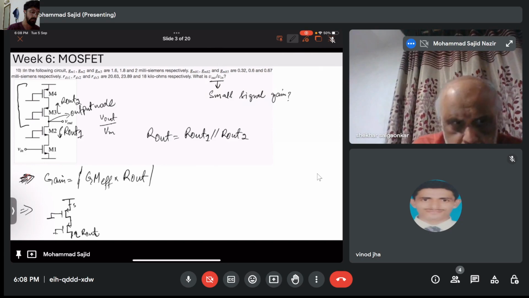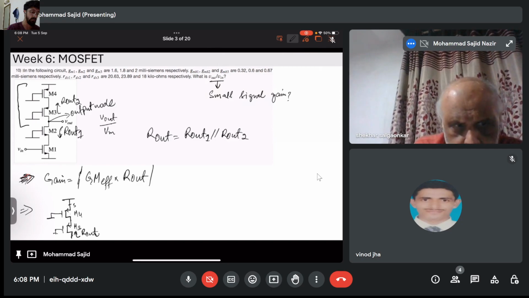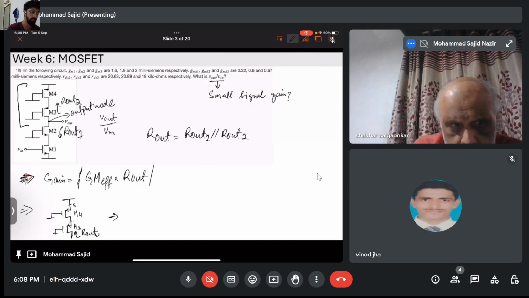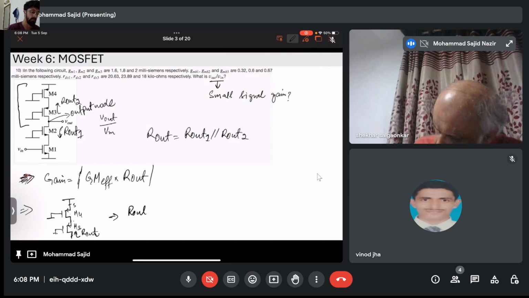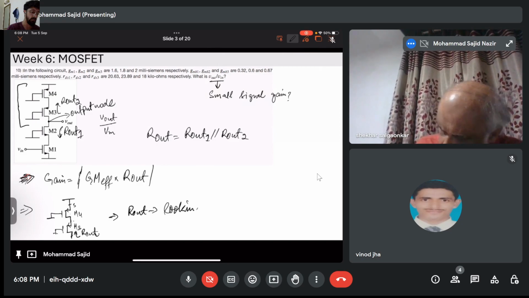And this will be drain for this transistor. This is M3, this is M4. Similarly, this is source and this is drain for this transistor. For the calculation of Rout, we are looking into the drain.